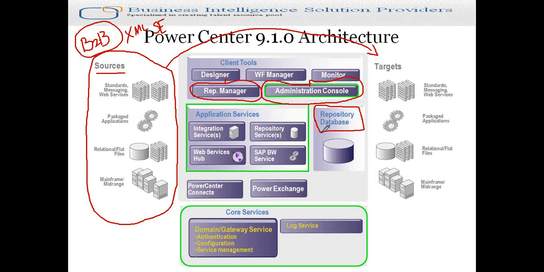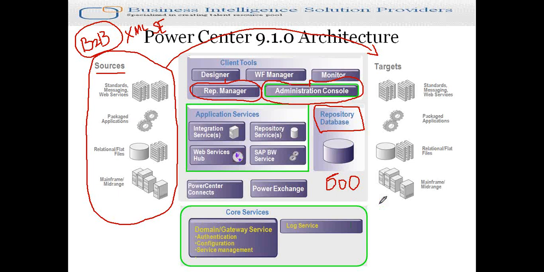Now, what is the total number of base tables we have? The total number of base tables can vary, anything around 500. Now, this depends completely on your licensing.